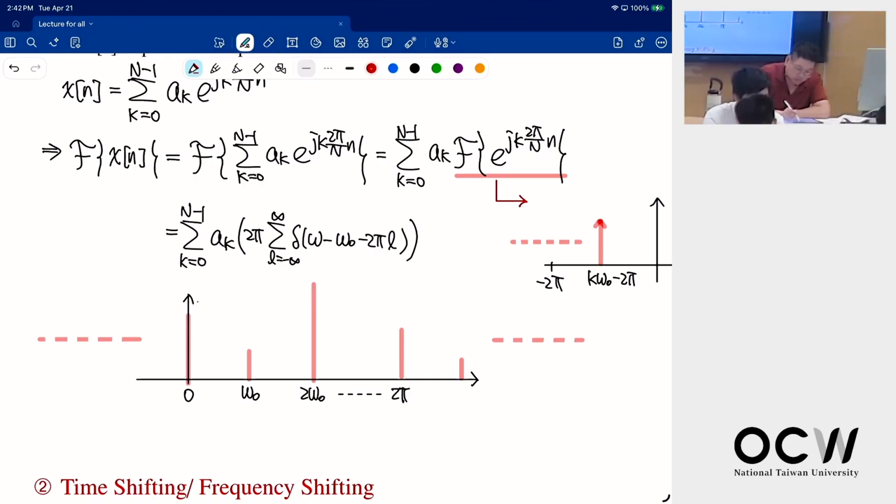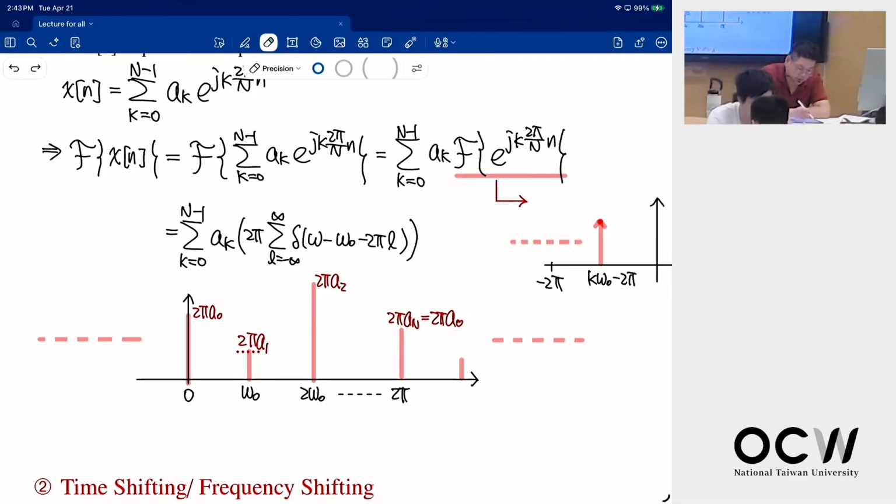This is 2 pi a naught, 2 pi a1, 2 pi a2, up to 2 pi a_N. 2 pi a_N is also 2 pi a naught, exactly the same as 2 pi a naught here.